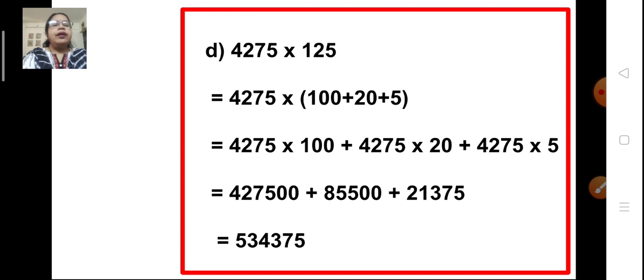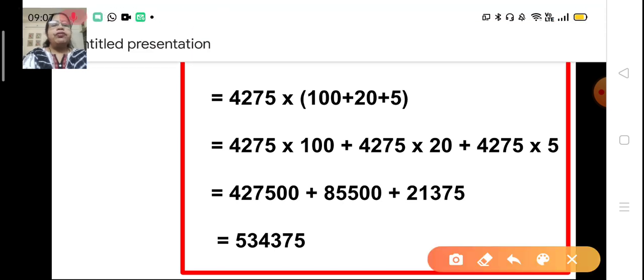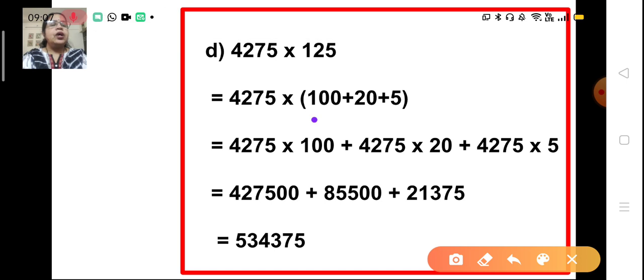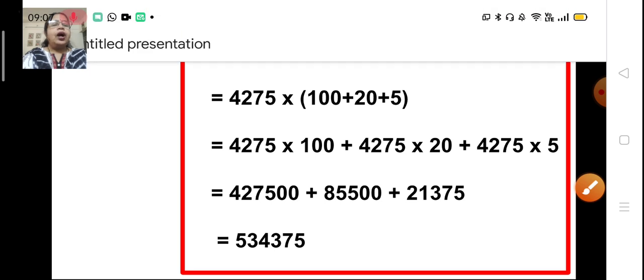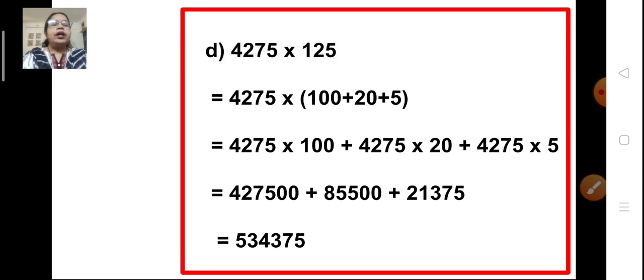Now, let us move on to the next one. Here we have 4,275 multiplied by 125. Now, 125 can be expanded as 100 plus 20 plus 5, isn't it? Now, we will multiply 4,275 by each of the numbers inside the bracket.